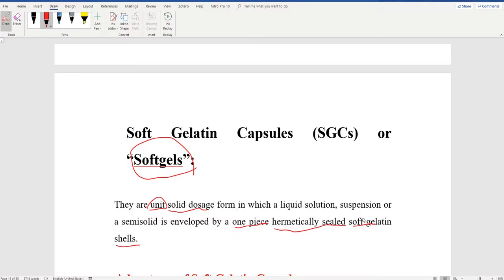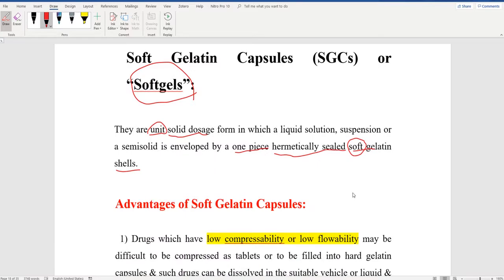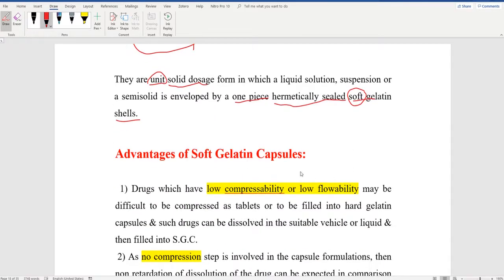For example, here we are talking about soft. Do we mean by soft that if you buy a soft gelatin capsule and you touch it, you will feel that it is soft? Actually, no. Let's read more about soft gelatin capsules.